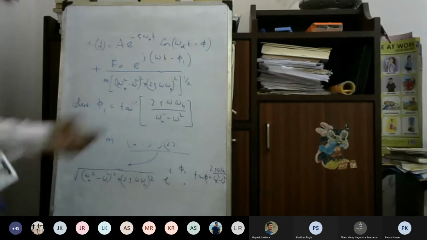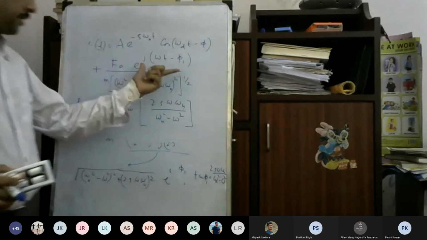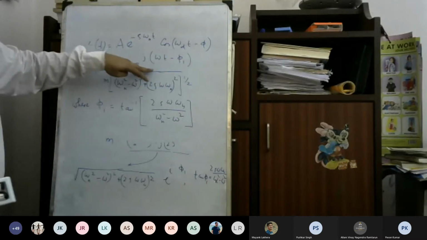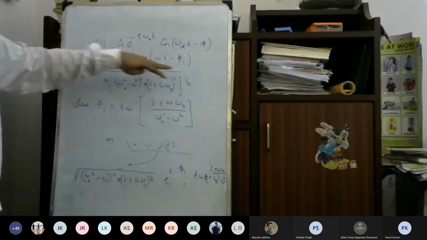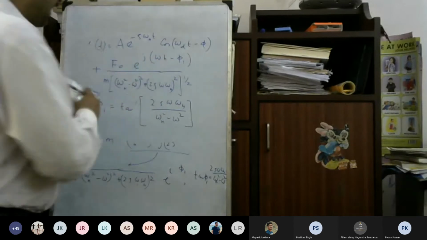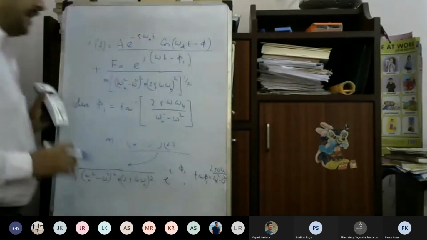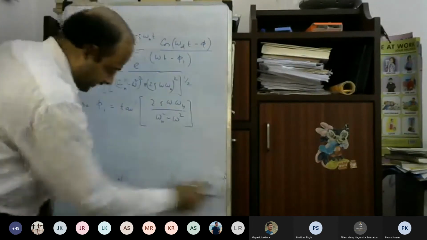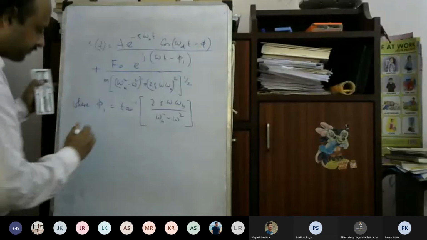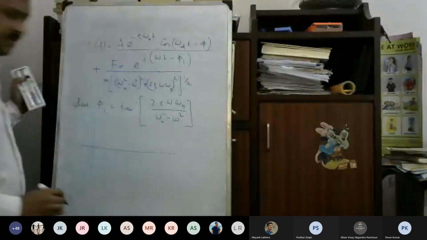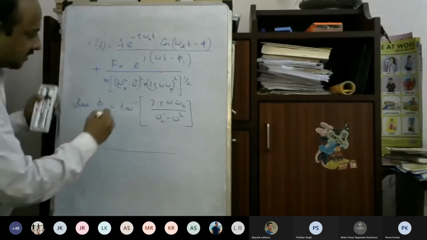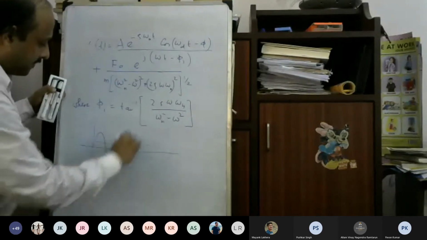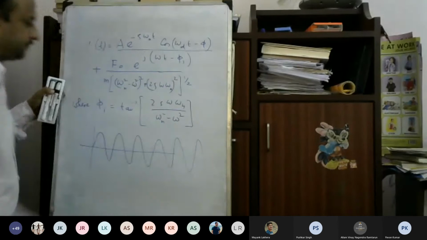So now what we see is that this part of the response is not decaying. It will be a periodic function, sine and cosine. But this other part of the response is a decaying function, you see, e to the power minus zeta omega n t. So I'll just consider two parts. This part will go on forever.